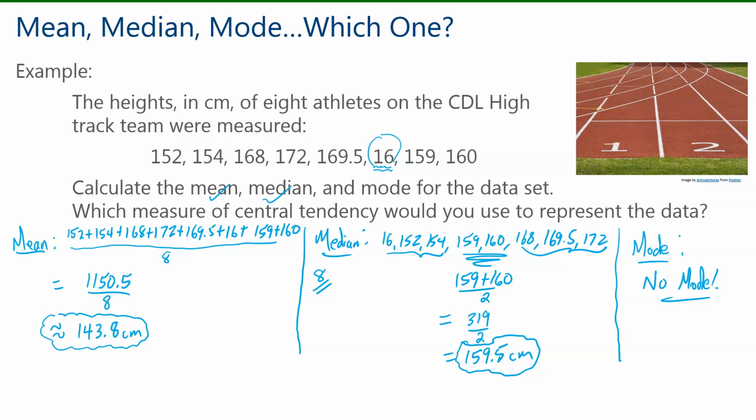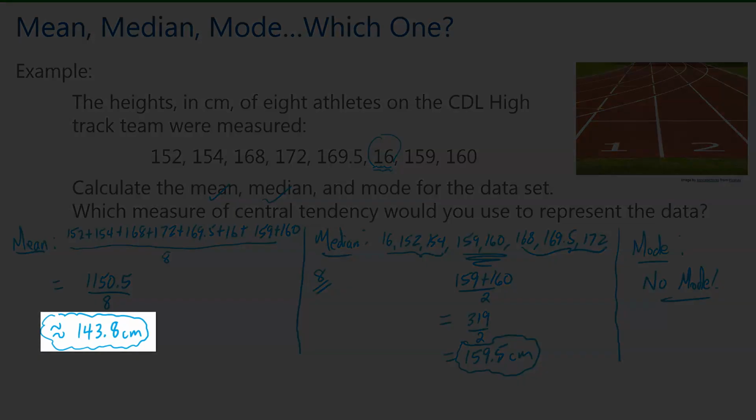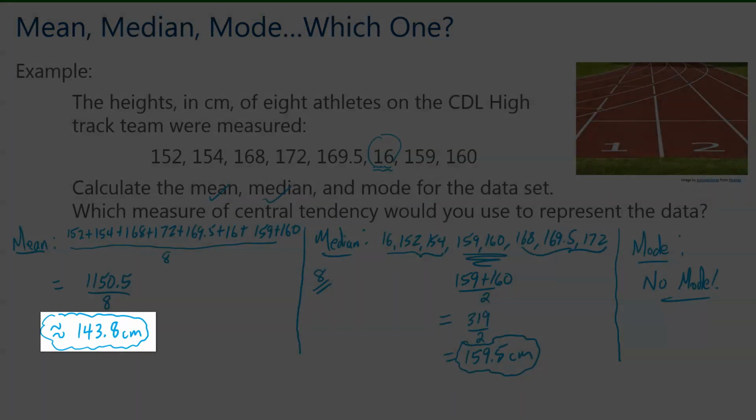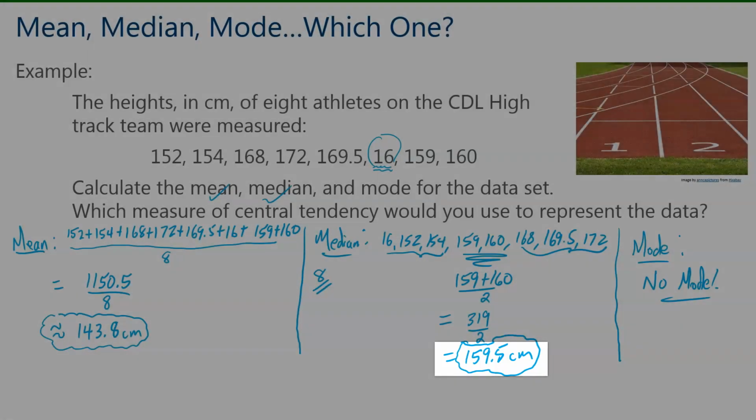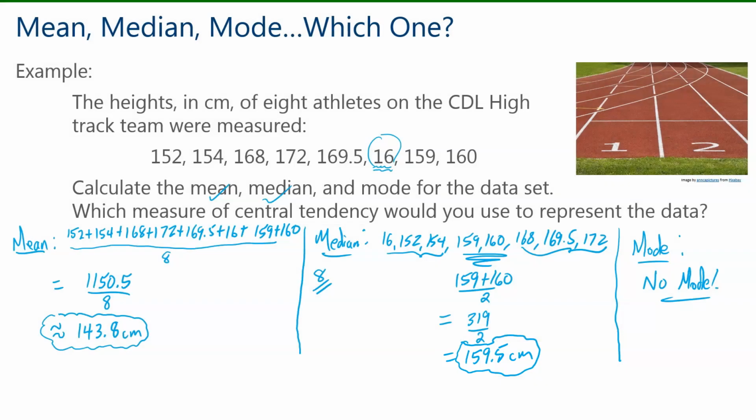In choosing then a measure of central tendency to represent the data, we have a choice between 143.8 centimeters and 159.5 centimeters. If we follow our guidelines, and if we are including all data values in the calculation of our measures of central tendency, the best measure of central tendency to use here to represent the data is definitely our median, 159.5 centimeters.